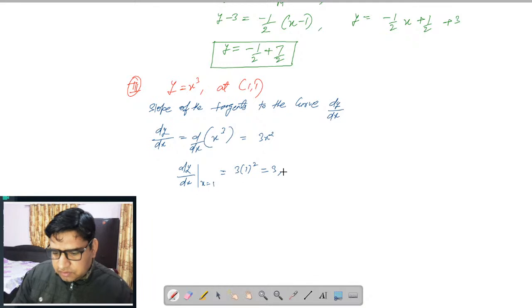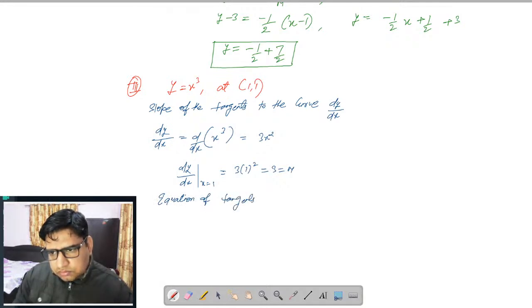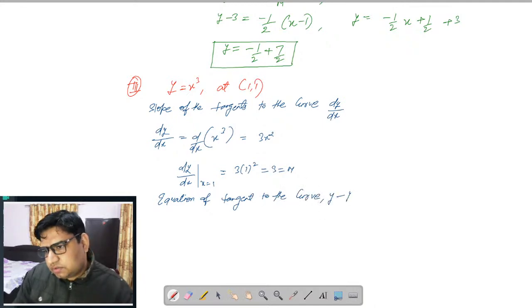So that is m1, or you can simply write m, the slope of the tangent to the curve. So we'll simply write the equation of the tangent to the curve, which as we know is y minus y naught equals m times x minus x naught.